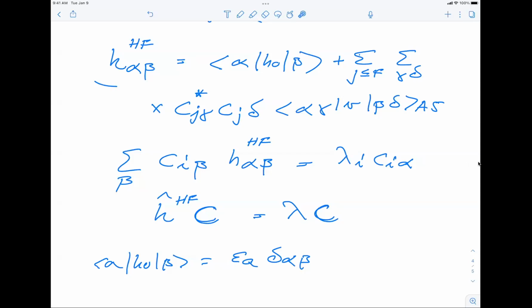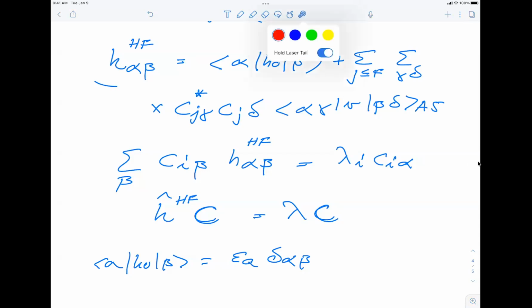So what we have now is an equation which is rewritten as an eigenvalue problem. But the problem is that we don't know the coefficients. The standard procedure is to set up an iterative scheme where you start with a guess for the coefficients, and with that guess you can calculate the matrix elements.